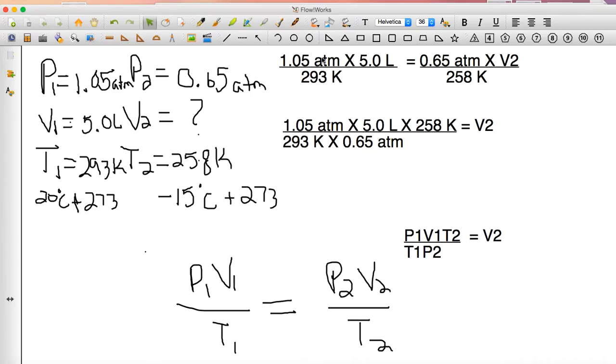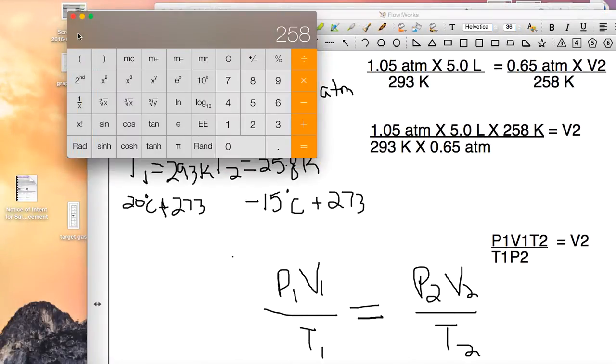Like I said, we had these multiplied together, and we're bringing 258 Kelvin over. We're trying to get V2 alone, so we're dividing by 0.65. All right, I'm going to bring the calculator up over here.